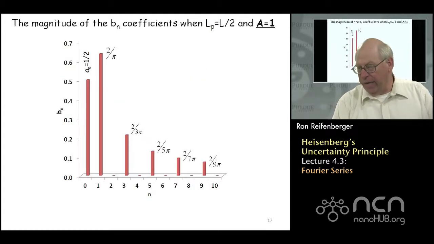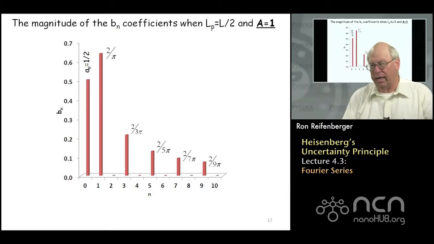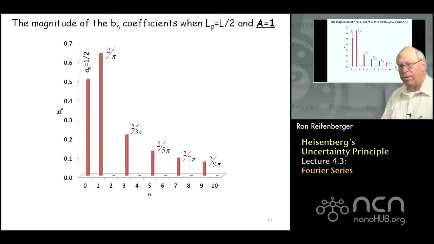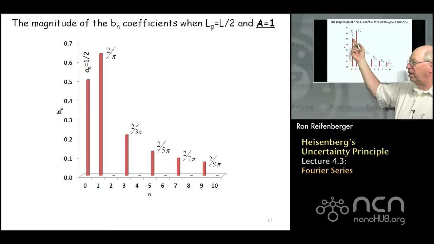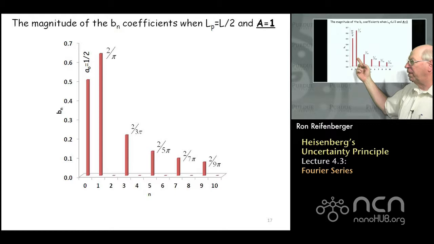We can evaluate those various coefficients, right? And I do that here. So I plot, first, the value of a0. It's just equal to 1/2 if I pick the coefficient a equal to 1. And then the various coefficients b sub n are plotted here.